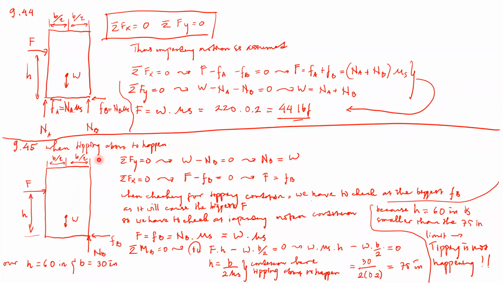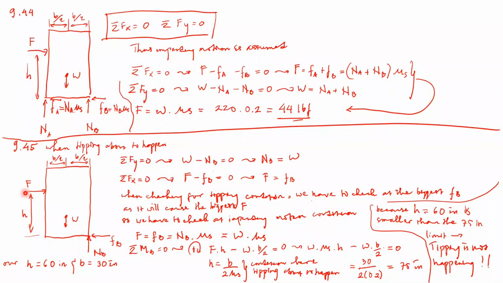If we solve for this using sigma moment equal to 0 at P, we know that the F value here is the same as W multiplied by mu S. So the F value is known.